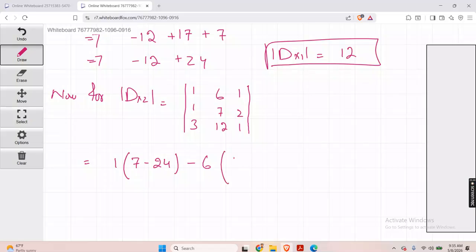We have 1 into 1, 1, minus 3 into 2, 6. Then third one is plus, so we have 1 into 12, 12, minus 7 into 3, 21.